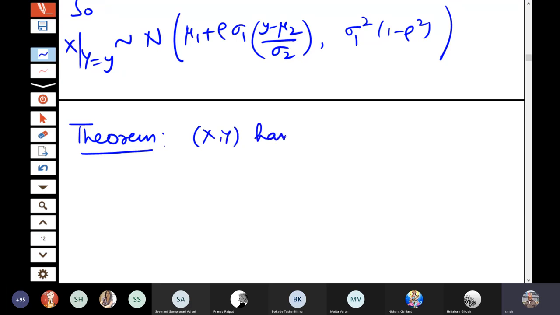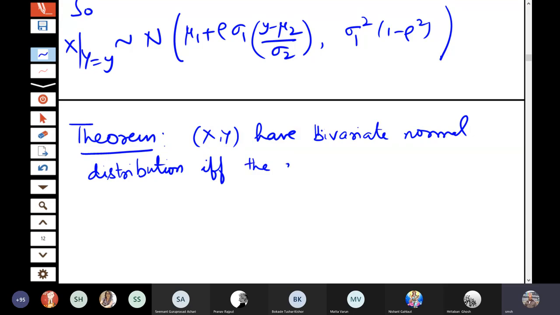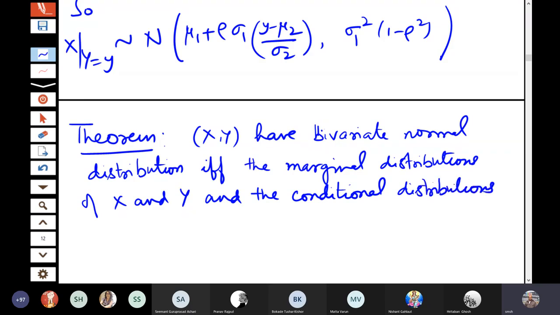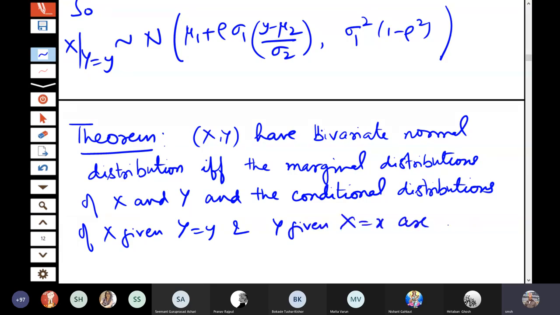X and Y have bivariate normal distribution if and only if the marginal distributions of X and Y and the conditional distributions of X given Y and Y given X are univariate normal.